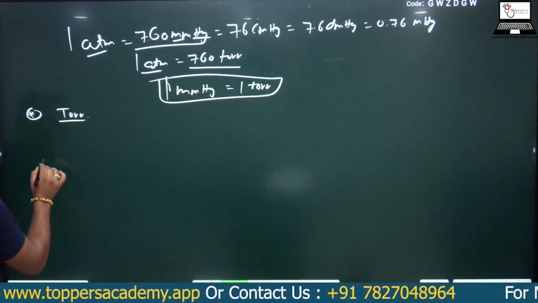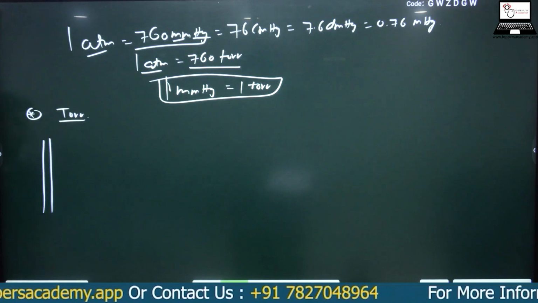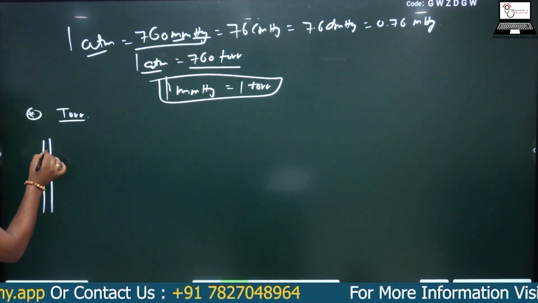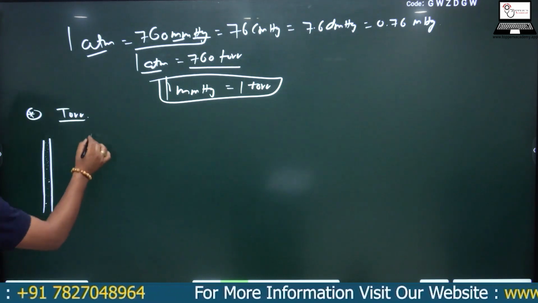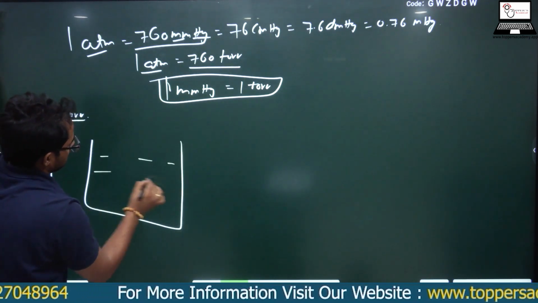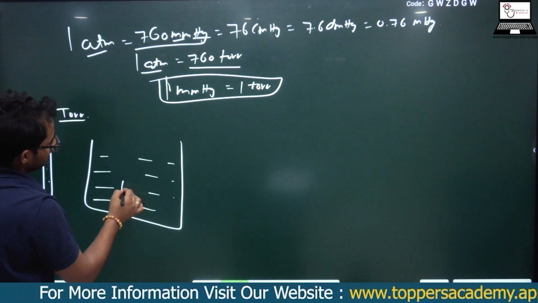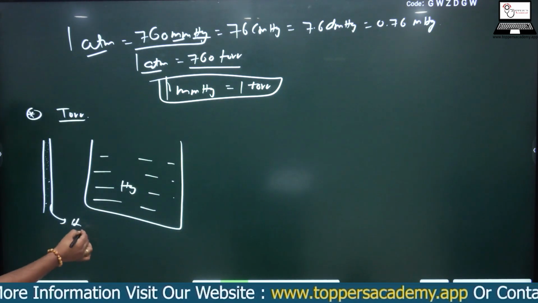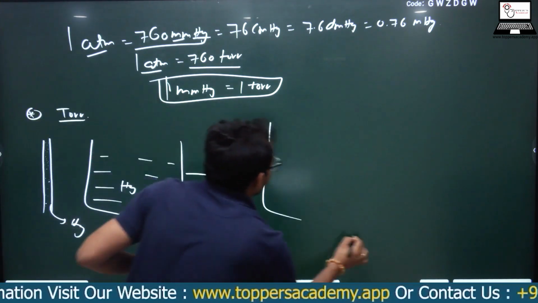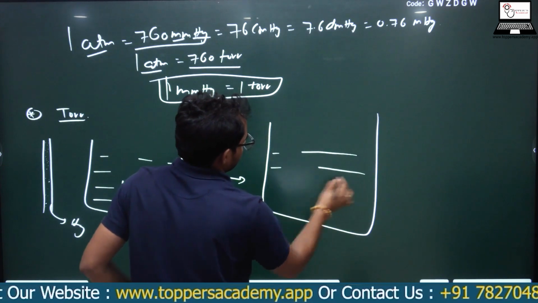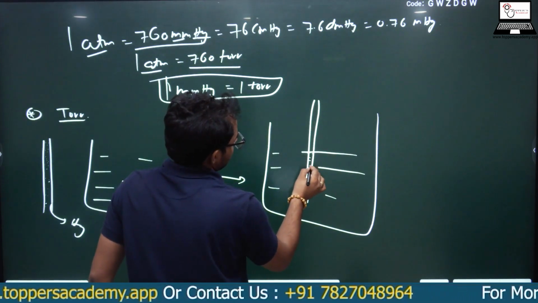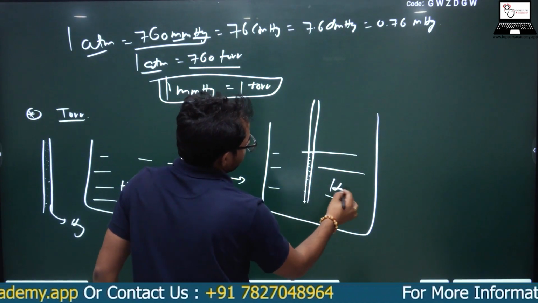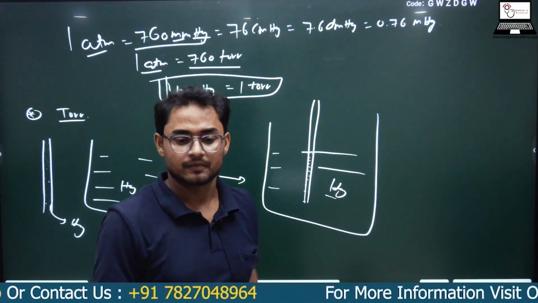He took a very thin test tube in which Hg was fully filled and another container in which mercury was kept, and what he did, he dipped this test tube in the mercury container, that means the Hg container.